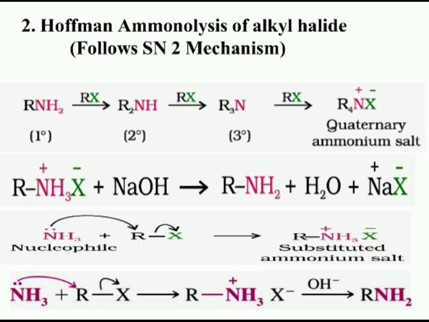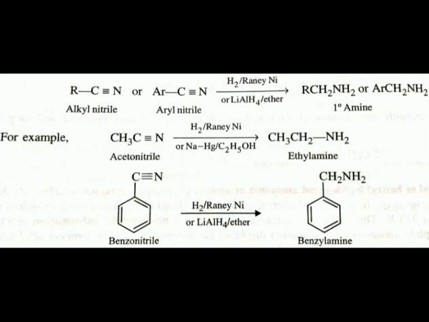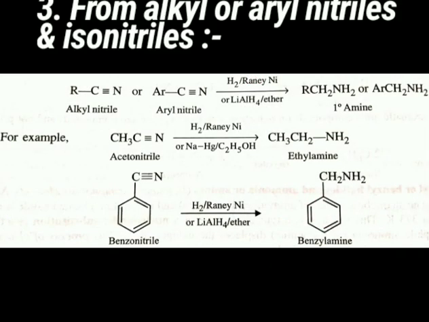With this, now the third method of preparation of amine. It is the reduction of nitriles and isonitriles. Students, like the first method, that is the reduction of nitro compounds, this method is also the same. Therefore, alkyl or aryl nitriles can be reduced into respective amines by three different ways.